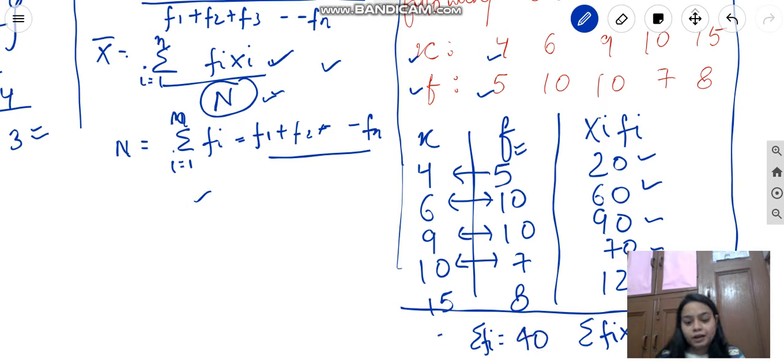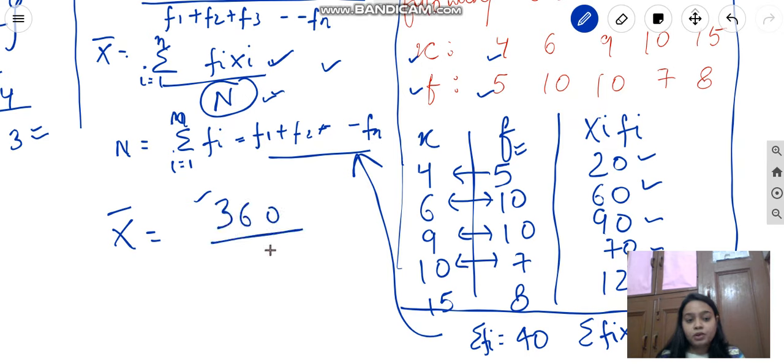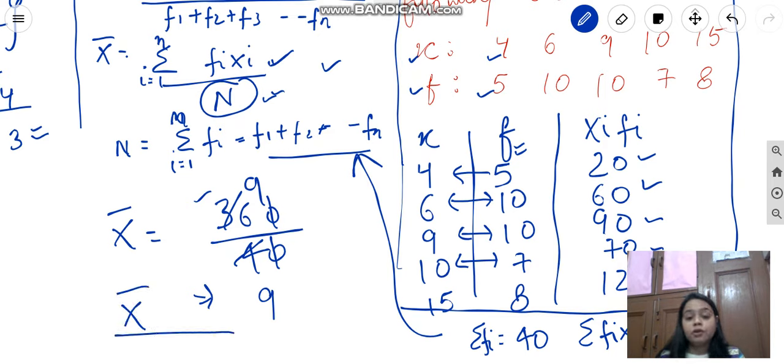Then we put all the values directly in the formula. x bar is equal to summation fi xi, which is 360, divided by n, summation fi, which is 40. If we calculate it further, the 0 will be cancelled and this is 9. So the answer is 9. The mean using the direct method is equal to 9 for this particular observation.